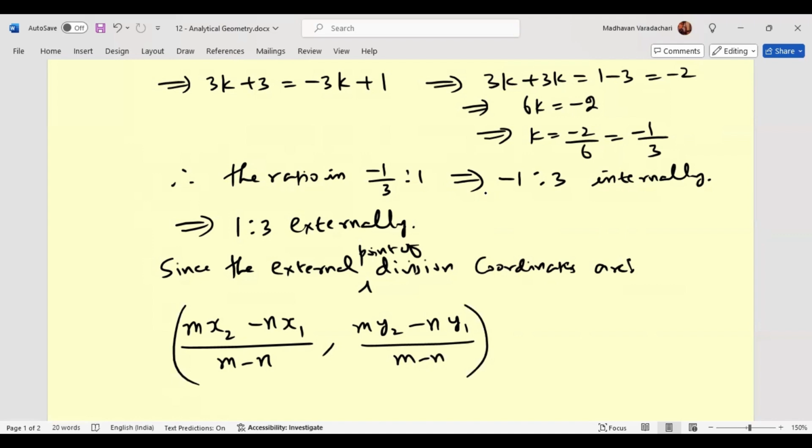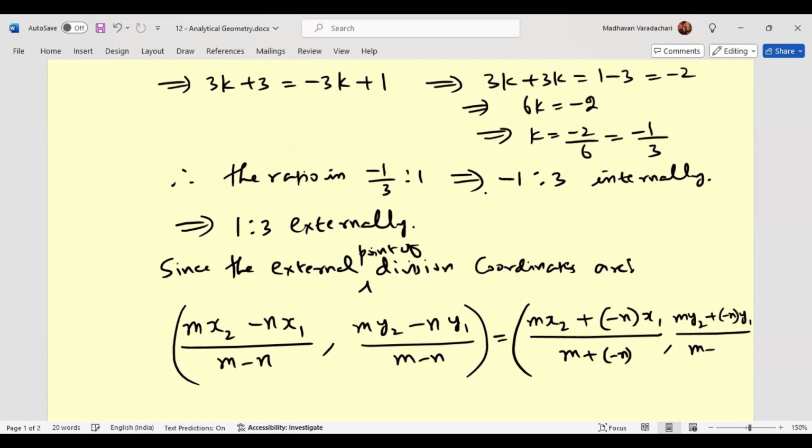This we had already seen. Now this can be rewritten as (m x2 plus (-n) times x1) by (m plus (-n)), comma, (m y2 plus (-n) times y1) by (m plus (-n)).